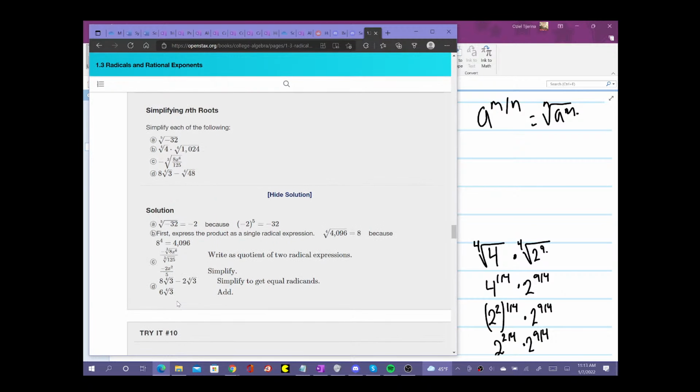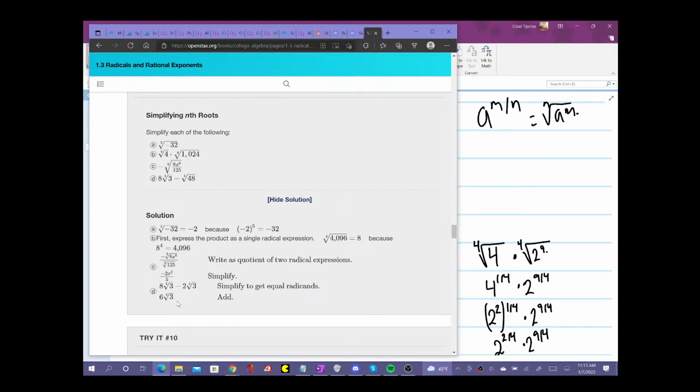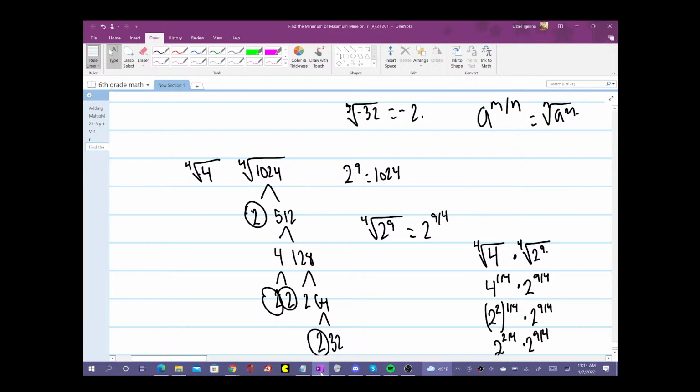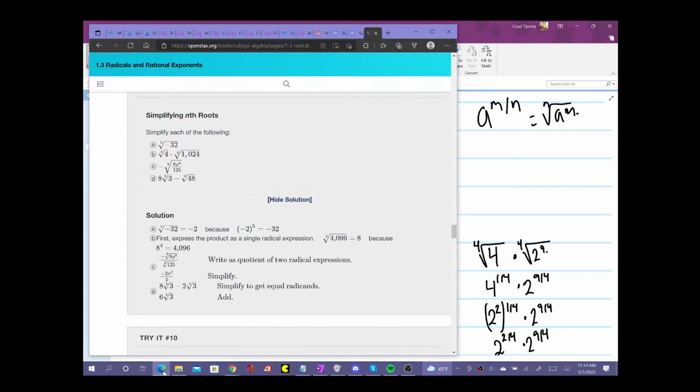Give me a second, guys, because for some reason it's not telling me the answer. So it's actually 8. The answer is actually 8.